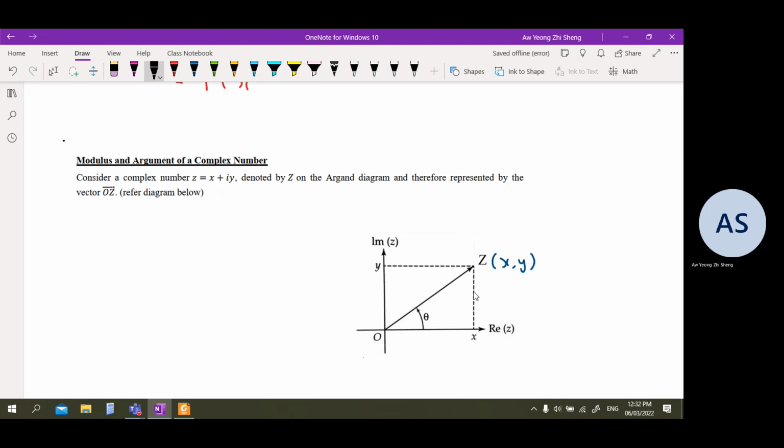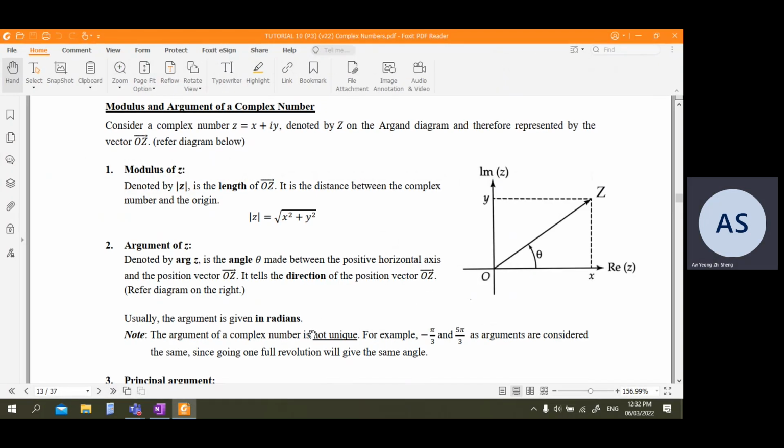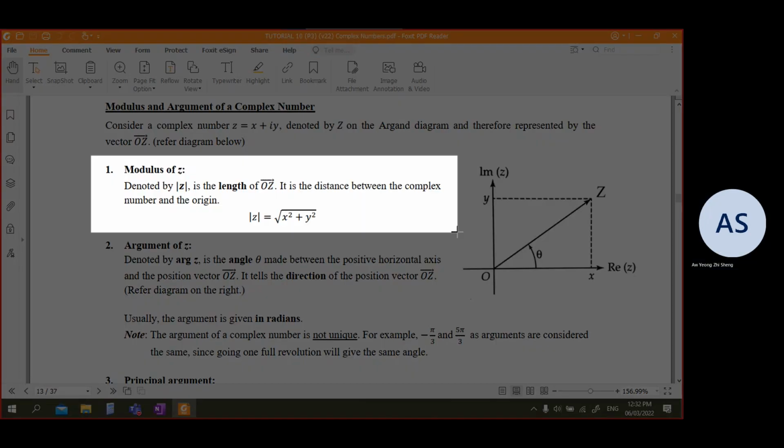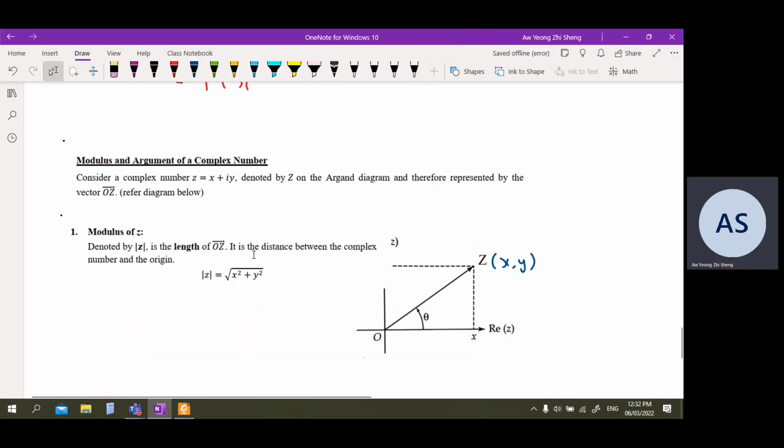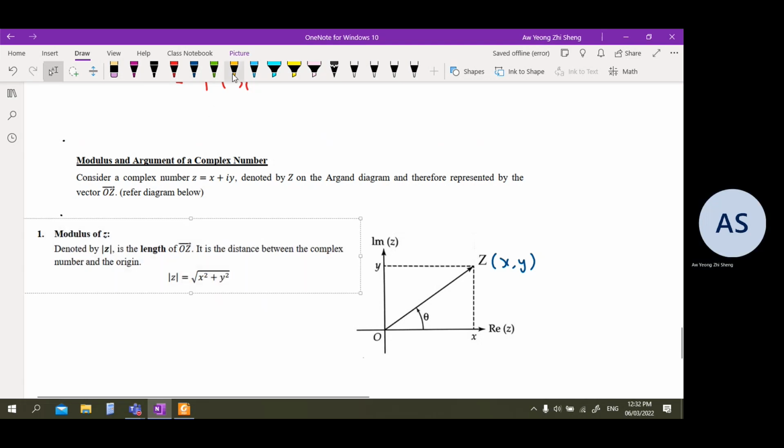So what is meant by the modulus of Z? Modulus of Z is the length of the vector OZ. And so in the chapter of complex numbers, when you see the modulus symbol, you should always interpret it as the length of the vector representation.